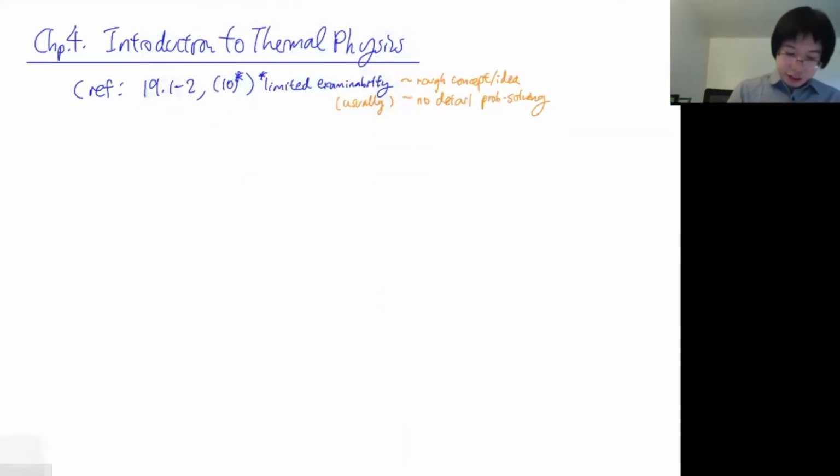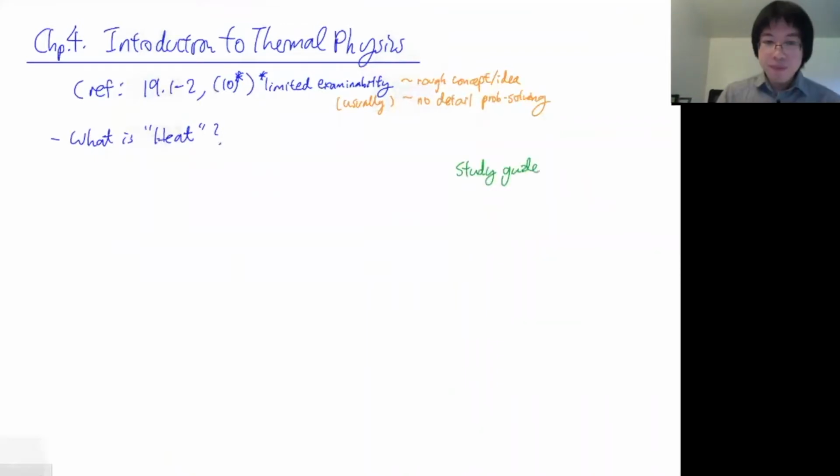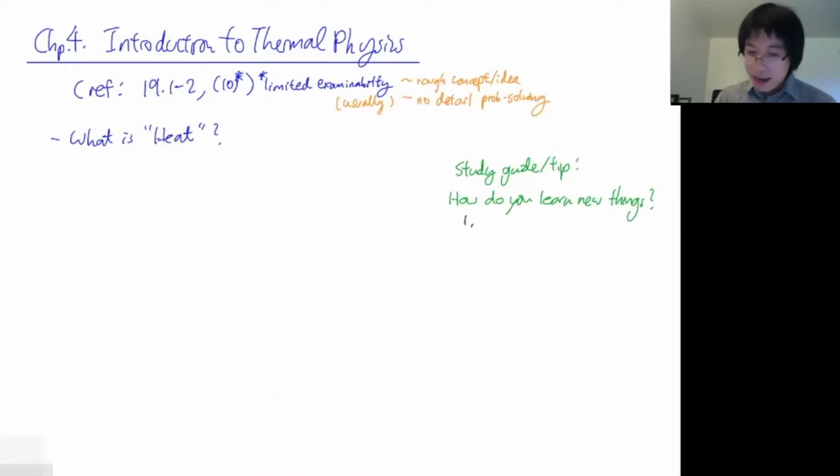Okay, all right. So first, in this chapter 4, we were trying to ask what is heat, right? So here's another guideline for you whenever you learn new things. The first thing, whenever you learn something, and this is what I think is really important, is that you need to know the definition, okay? Any subject, even chemistry or biology, you want to do that.